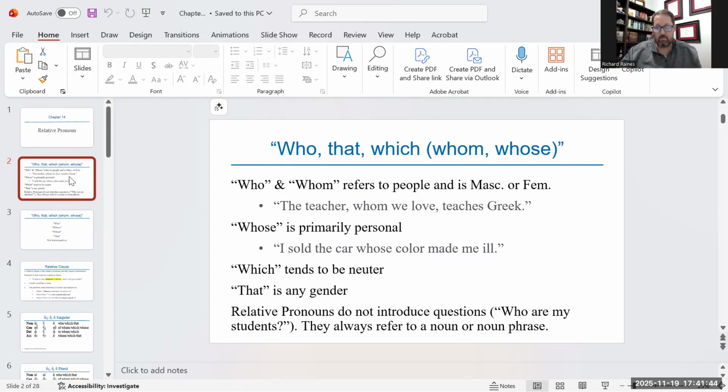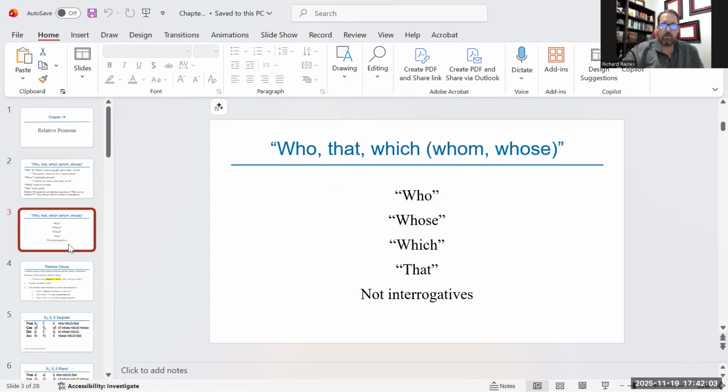You would not introduce a question with a relative pronoun, because a relative pronoun is always going to refer to a noun or a noun phrase, generally speaking. So here are the relative pronouns in English: who, whose, which, that, and you're going to see some variations of that, and not interrogatives, so they're not introducing questions.